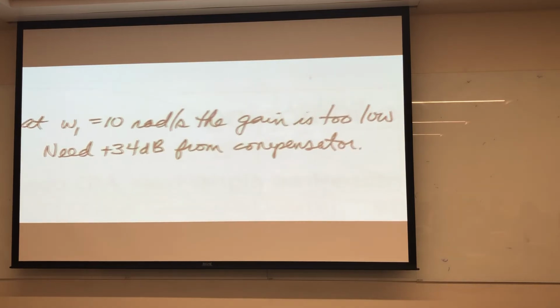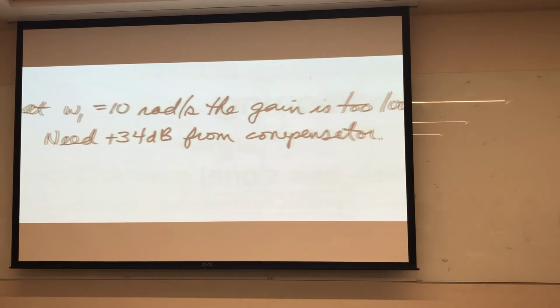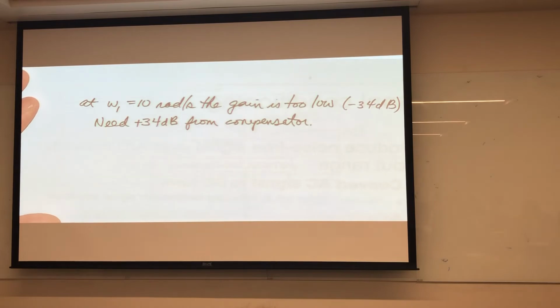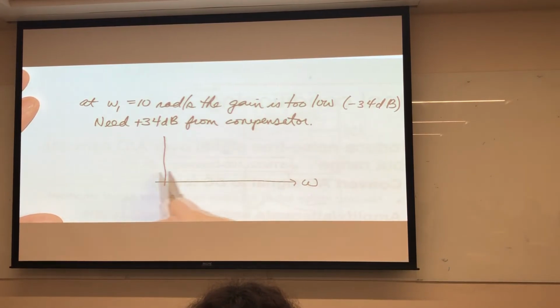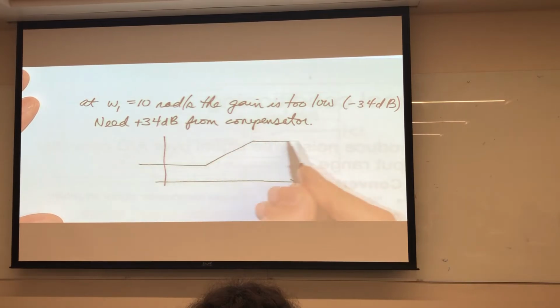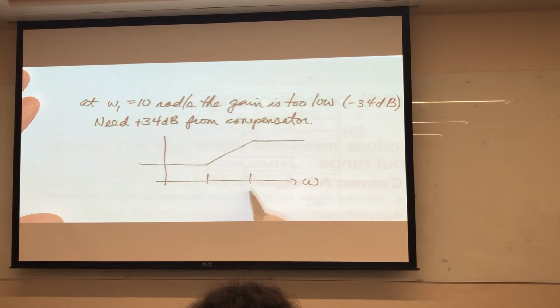Okay? I need plus 34 dB from the compensator. And we remember that the compensator's gain looks like this. This is omega. The compensator looks like this. This is omega z, and this is omega p.